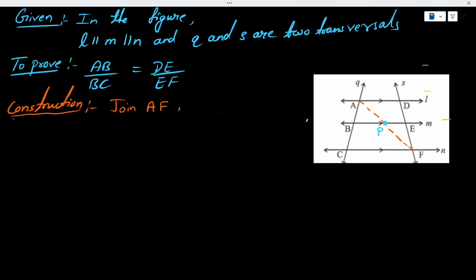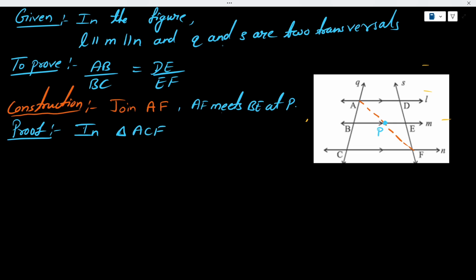And you can write here, then start the proving part. Join AF, and AF meets BE at P, right? Now, how do we take it here? You need to consider triangle ACF. If I'm taking that triangle, you know that this is parallel to this, so you need to mention that in triangle ACF, BP is parallel to CF.